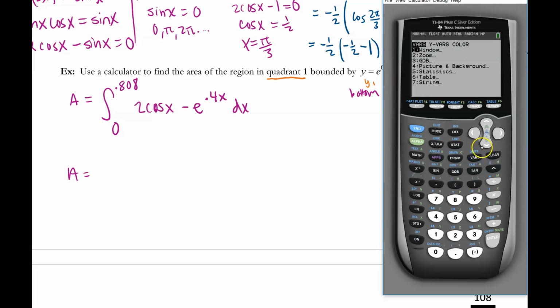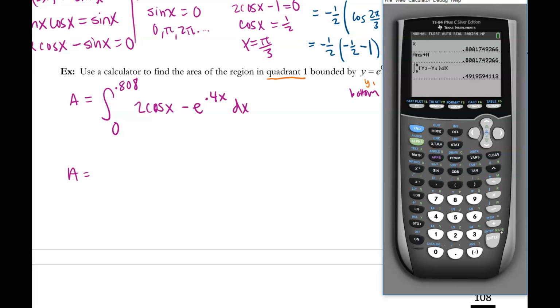So vars, y vars function, y2. And then the bottom one is in y1. So vars, y vars function, y1. And then it's with respect to x. And then hit enter. Let's see what it gives us.